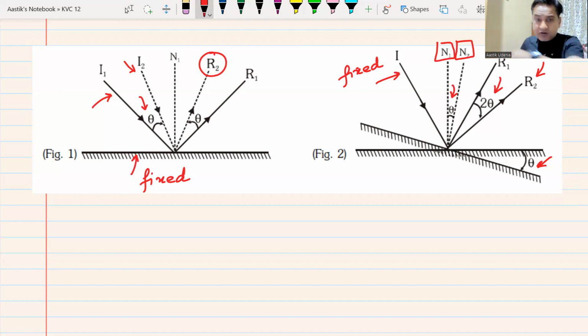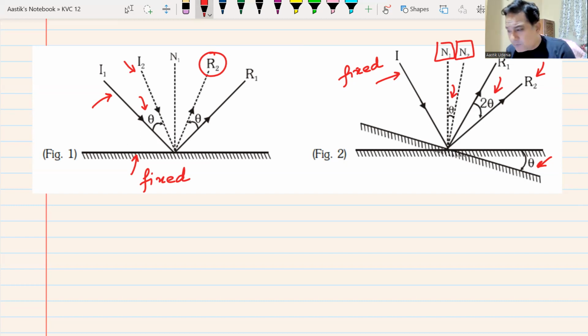but this concept can come as a seemingly difficult question in JEE Advanced, NEET or Mains. It will just come as a knowledge question. They will not ask you how much it rotates. They will tell you that the angle of incidence is, let's say, 60 degrees. Now I rotate the mirror by 30 degrees.